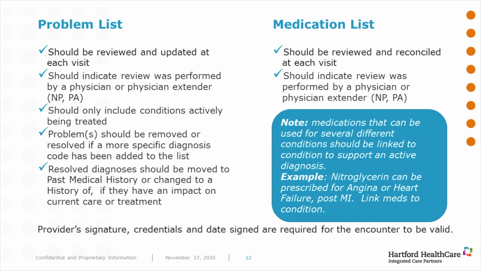For example, during my chart reviews, I will see diabetes uncomplicated, and then I will see diabetes with peripheral vascular disease. So ideally, we should move that diabetes without complications to the past medical history and treat the diabetes with peripheral vascular disease as a current condition.